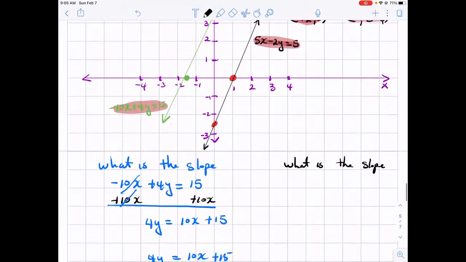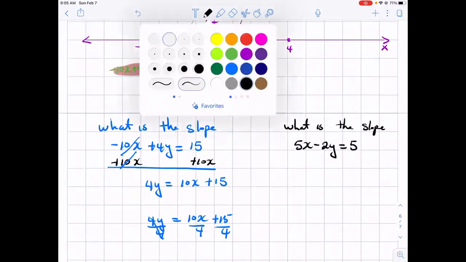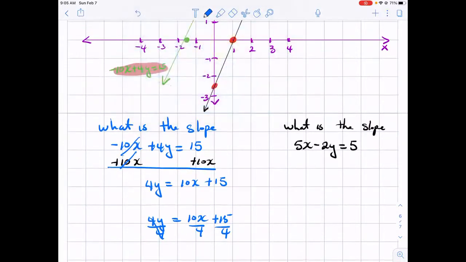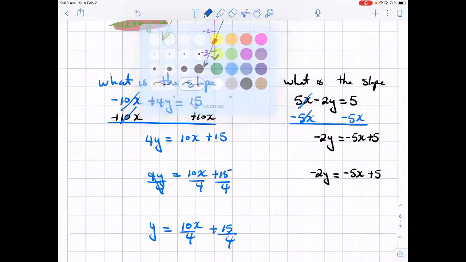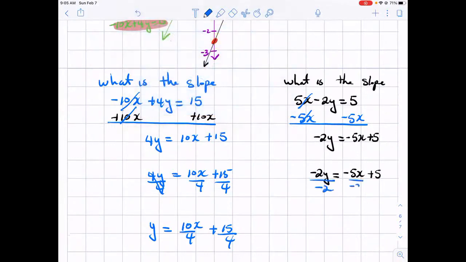What is the slope of 5x minus 2y equals 5? So solving for y, I am going to subtract 5x on both sides. This positive and negative will cancel, leaving me with minus 2y is equal to minus 5x plus 5. And to get y by itself, I will now divide each term by negative 2.